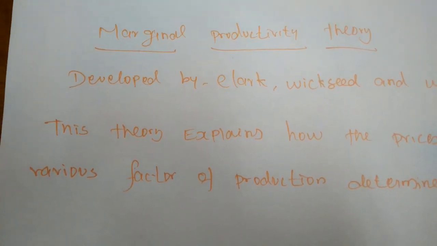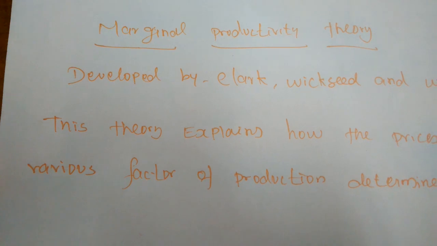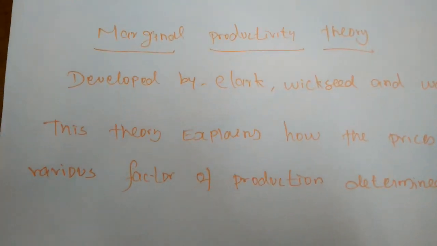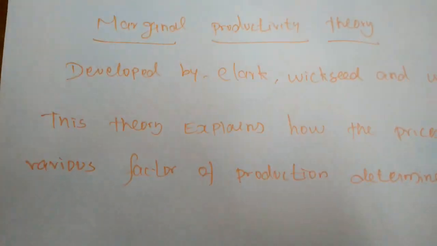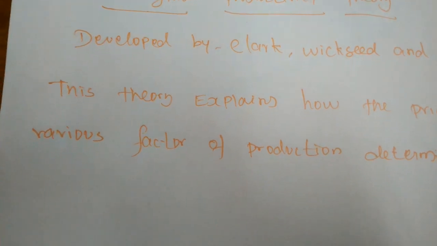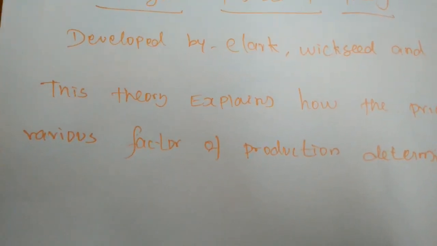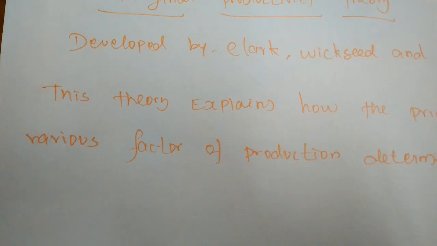Why are we calling it the general theory of distribution? According to this theory, all the factors of production will get their remunerations based on productivity.